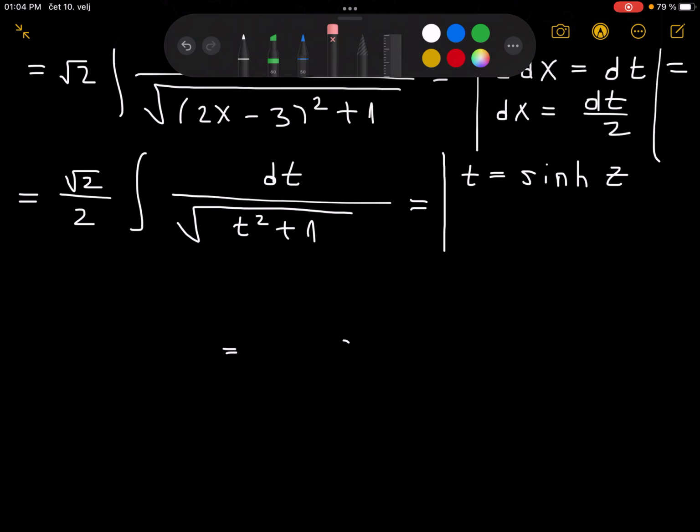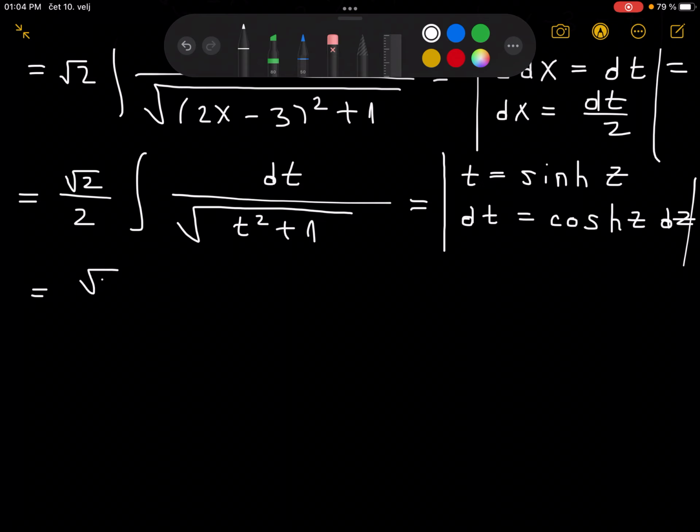And once we differentiate both sides, we'll get that dt is equal to hyperbolic cosine of z dz.